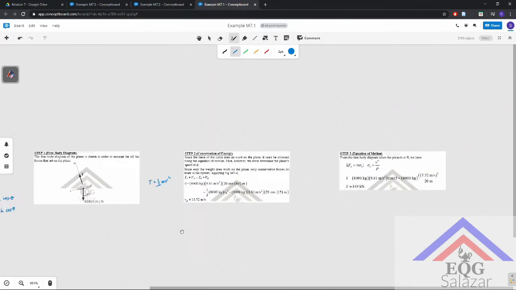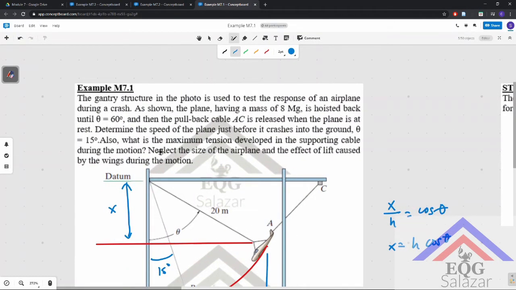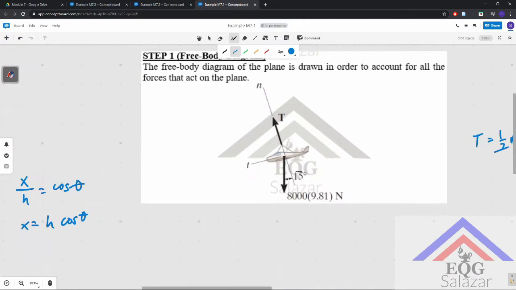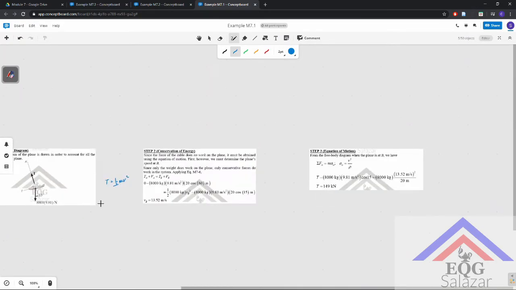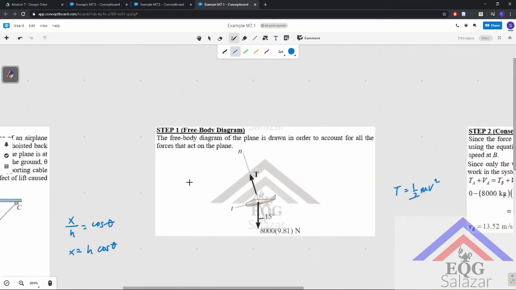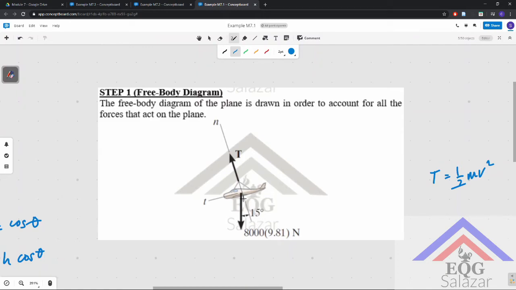Now next, since we know the speed, we have to find the maximum tension. From this free body diagram, we can solve the maximum tension by applying summation of forces in the n direction, equating that to m a n.